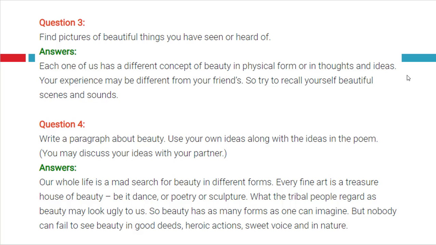So beauty has as many forms as one can imagine, but nobody can fail to see beauty in good deeds, heroic action, sweet voice, and in nature. Right? Nobody will fail to see the beauty of good deeds, heroic action, sweet voice, and nature. Okay.